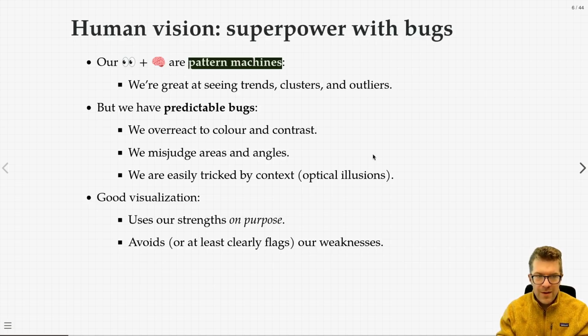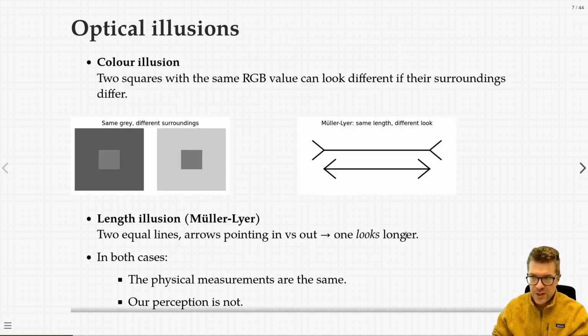We can easily misjudge areas, misjudge angles, and we can easily be tricked by context and optical illusions. So a good visualization knows these biases of the human brain and might use them on purpose to help guide viewers to the right solution. But also we want to avoid or at least clearly flag where there are weaknesses. So if it's a visualization that possibly ignores these bugs, then that might lead to improper visualizations.